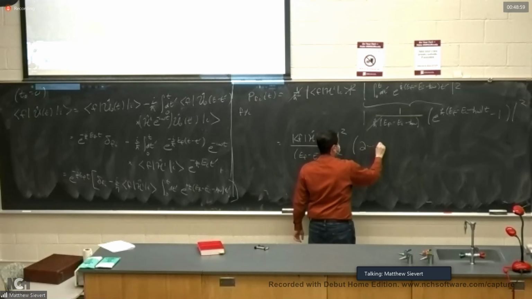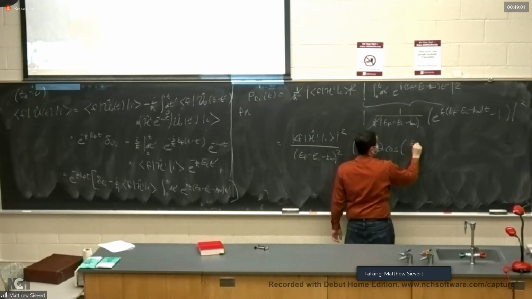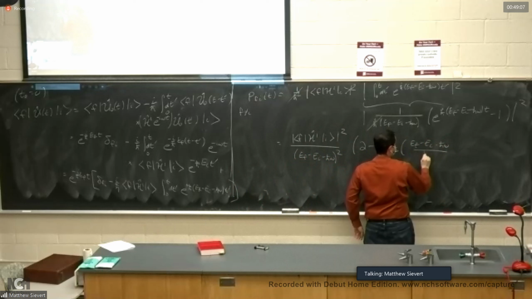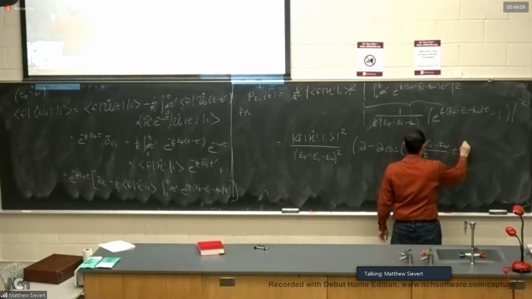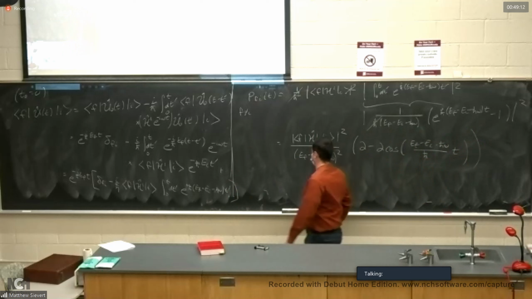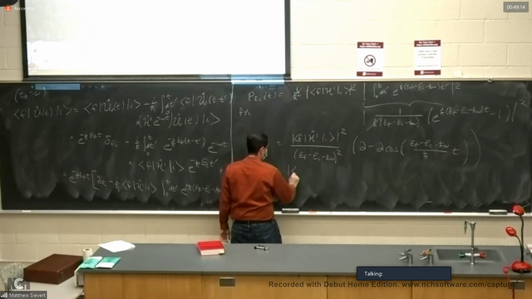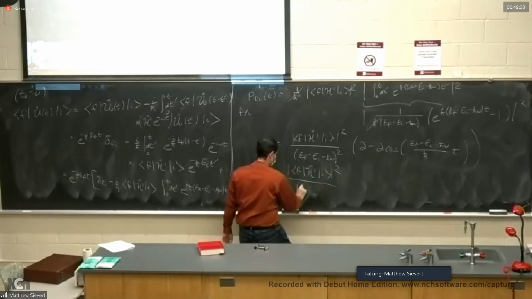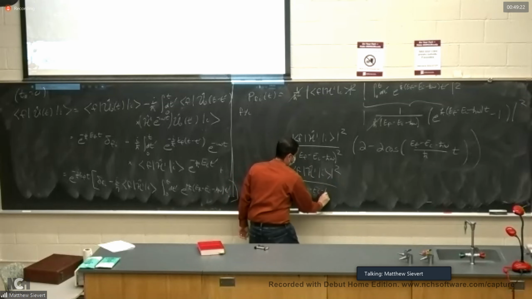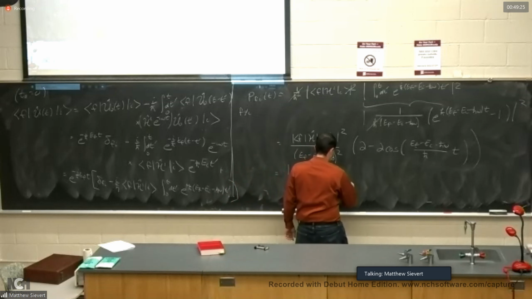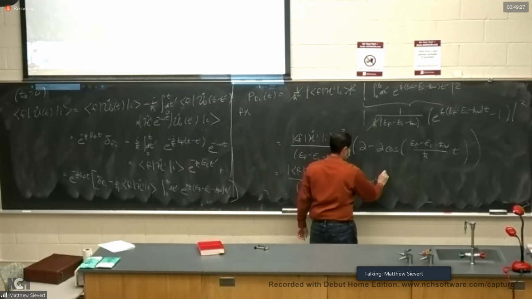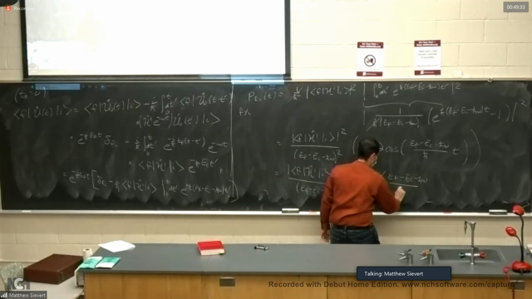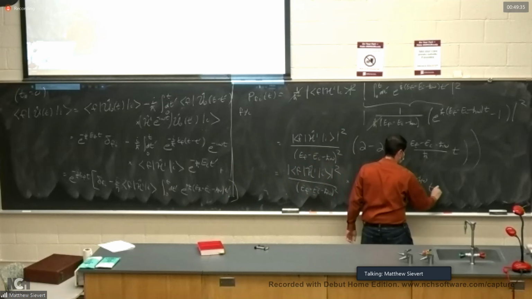And then this again becomes 2 minus 2 cosine of E final minus E initial minus h bar omega over h bar times time. And this is again final Hamiltonian initial squared over E final minus E initial minus h bar omega squared times 4 sine squared of E final minus E initial minus h bar omega over 2 h bar, from the double angle formula, times time.